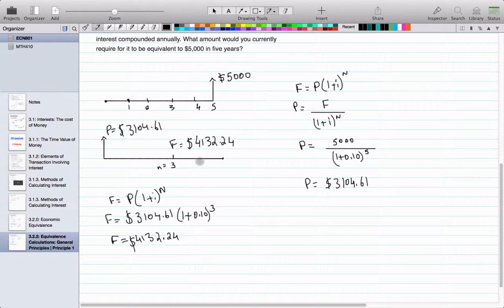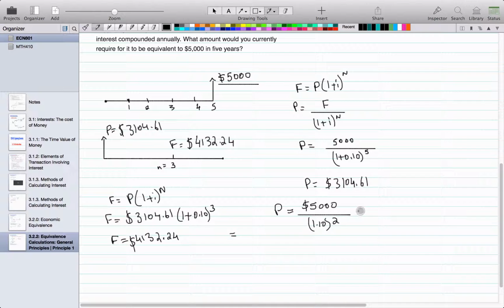Now we're going to check if this value at the third period, 4,132.24, is equivalent to the $5,000. So now we're trying out the present worth formula, P is equal to F over (1 + i) to the power of n. So 1.10 to the power of 2, right? This is the fifth period. We're 2 periods away from this $5,000.